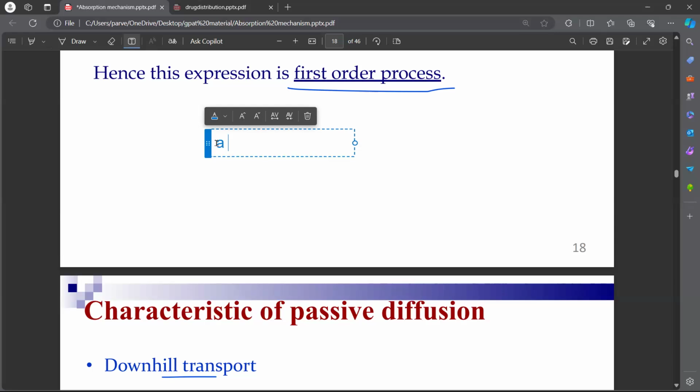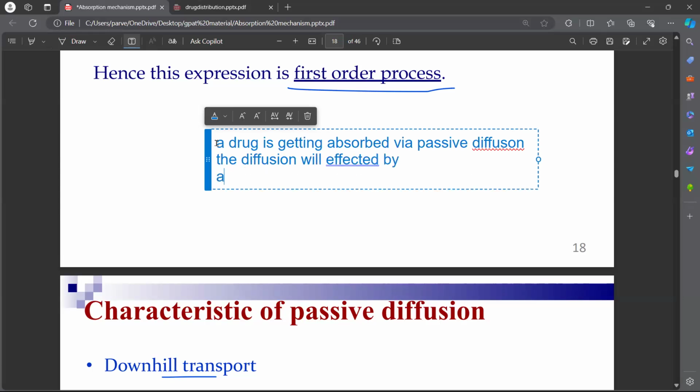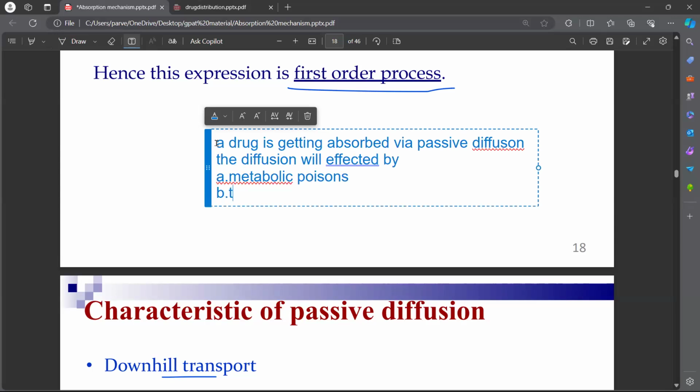The diffusion will be affected by metabolic poisons, the toxins, or both, or no effect? Answer this question, guys.